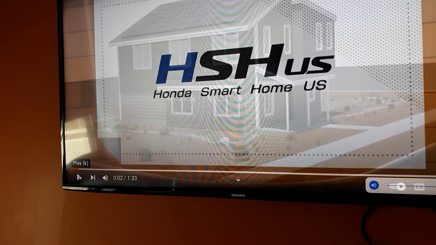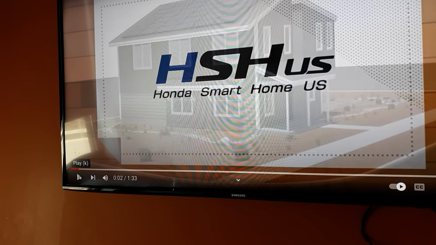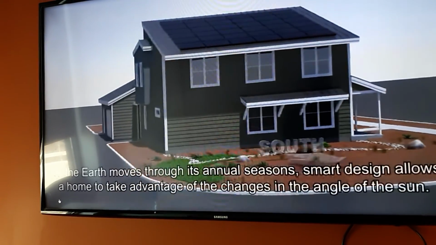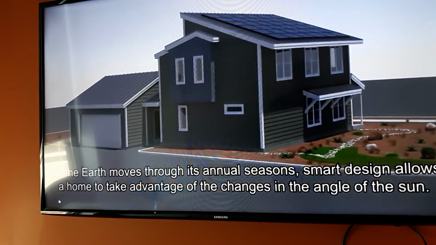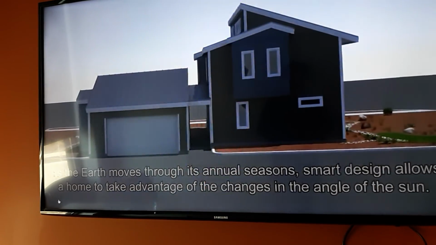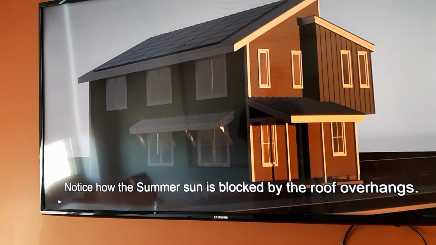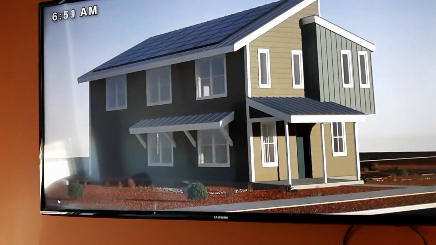So here is an animation showing some of those things, showing how the sun is going to affect the building structure. So let's take a look at this. As the Earth moves through its annual season, smart design allows the home to take advantage of these things. Notice how the sun is blocked by the roof overhangs.